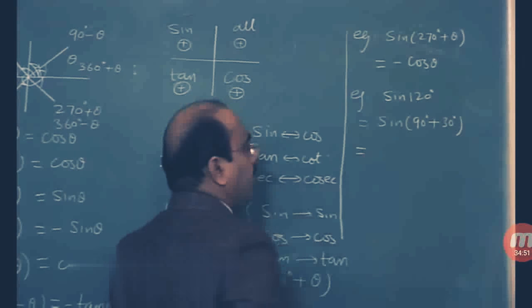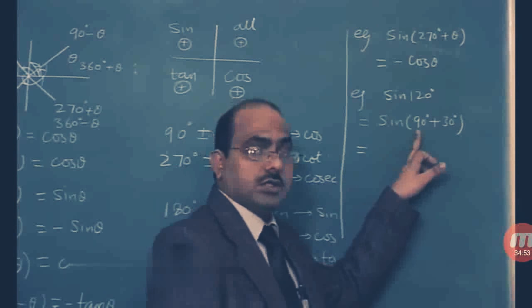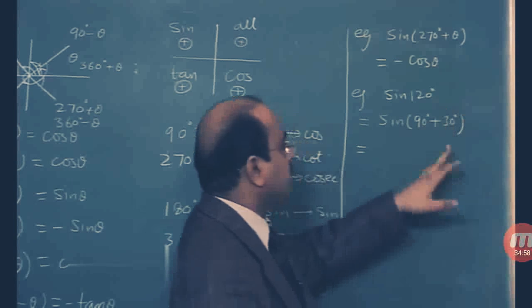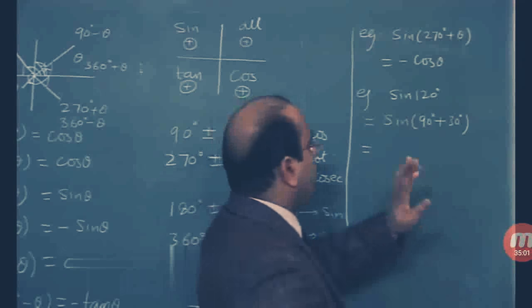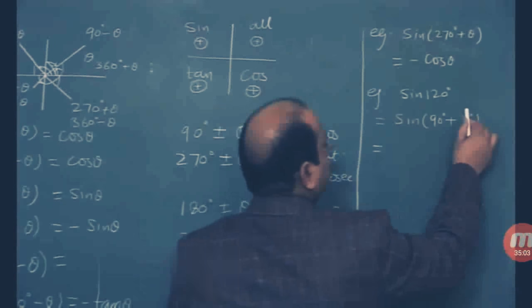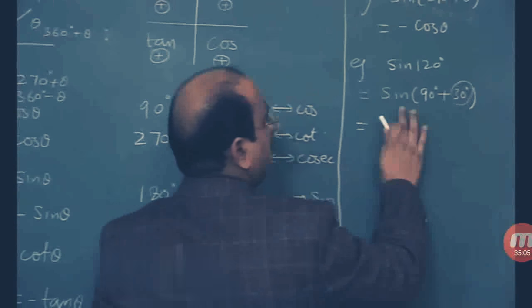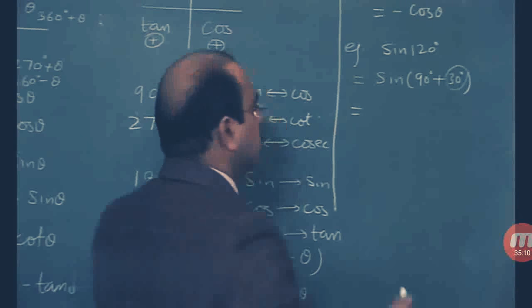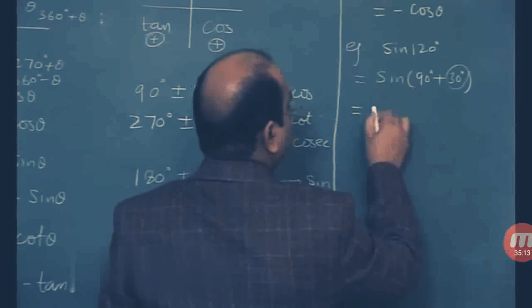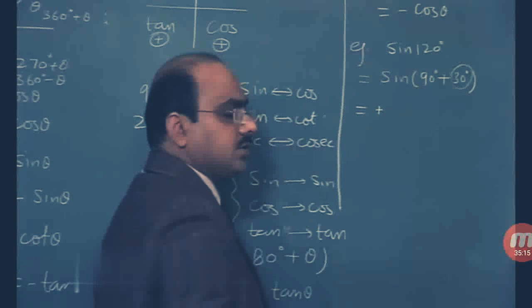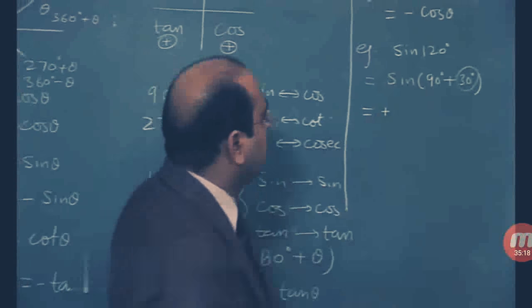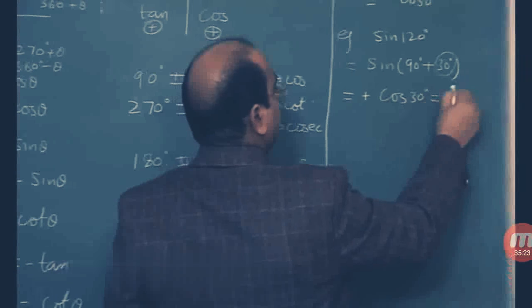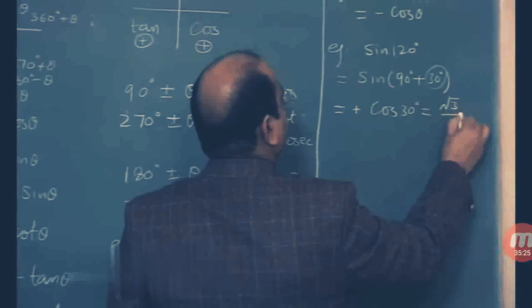And now if we apply the rules on this expression, always treat this angle as theta, no matter what its value may be. Suppose this is theta, then it will be 90 plus theta, and 90 plus theta is in the second quadrant, and in the second quadrant sine is positive. The result is positive. And since it is 90, therefore it changes into cos. It becomes cos 30, and the value of cos 30 is root 3 by 2.